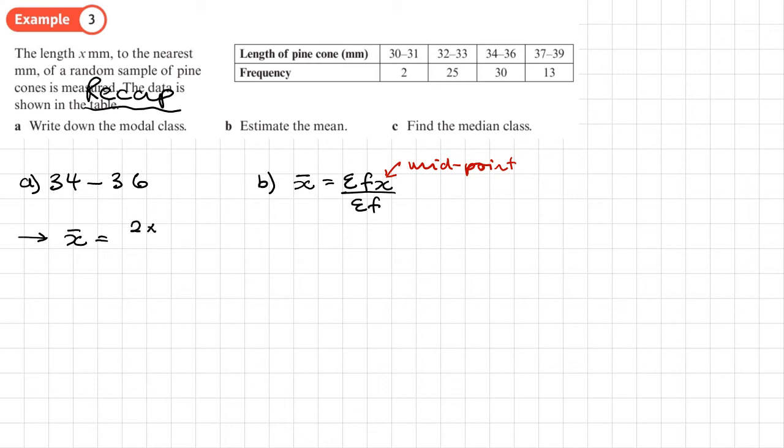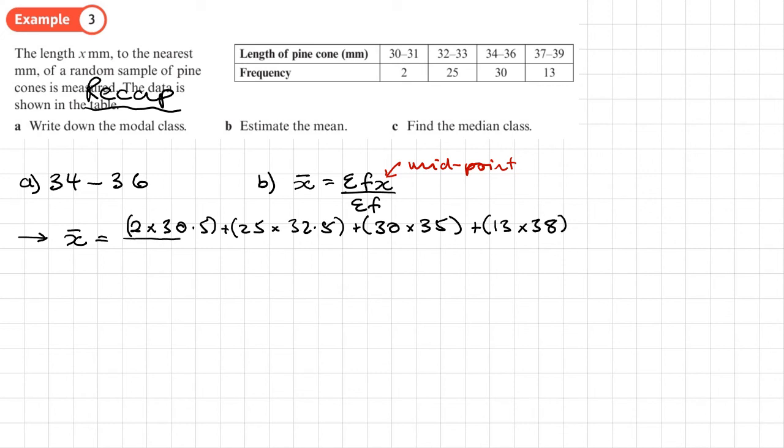So I'll have 2 times 30.5 plus 25 times 32.5 plus 30 times, and now this midpoint is different, so be careful. You might be tempted to write 34.5, but the midpoint's actually going to be 35. The midpoints are different. And then for the last group, the midpoint is going to be 38. So 13 times 38.